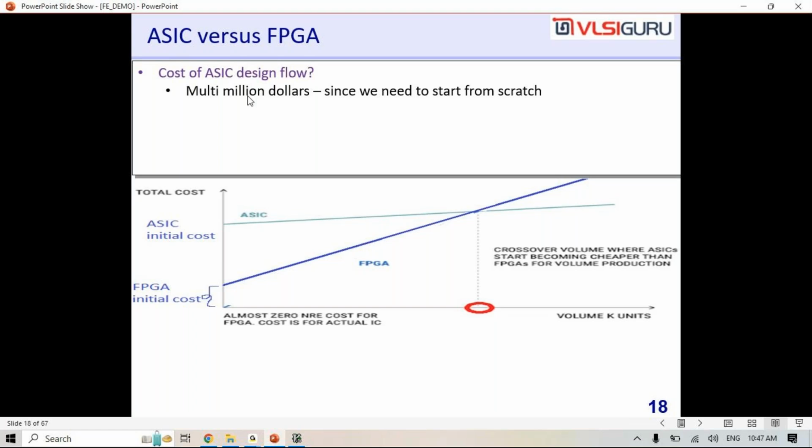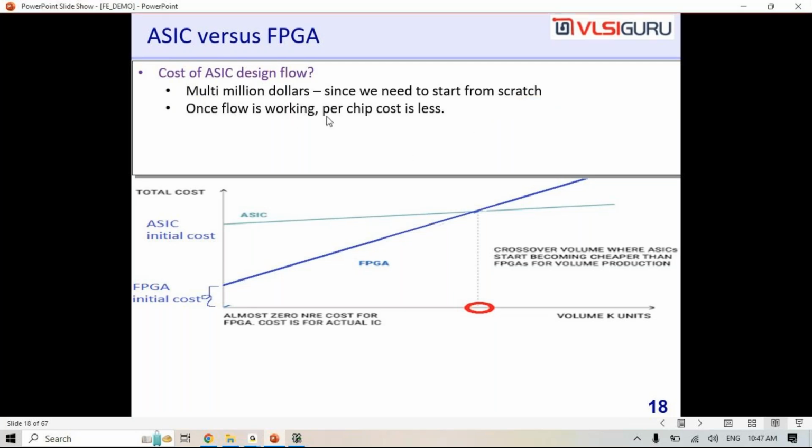Why so much investment? You have to do everything from scratch, so you have to invest multi-million dollars. You have to procure software from the companies. So a lot of things are involved.